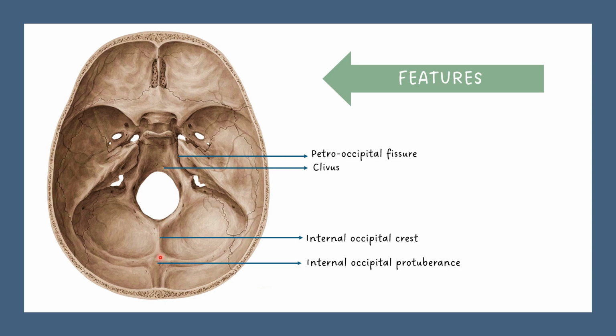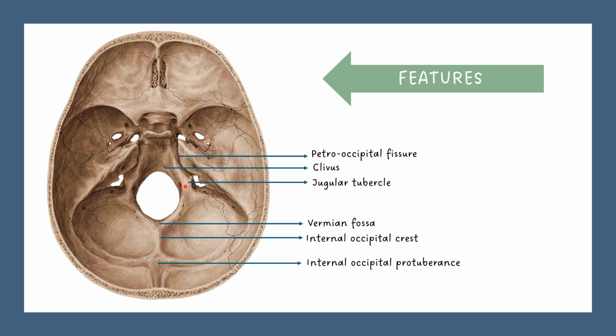The falx cerebelli is attached to it. The cerebellar hemispheres occupy this deep fossa on each side of this internal occipital crest. The Wormian fossa is the midline fossa at the lower end of the internal occipital crest adjacent to the foramen magnum. It is related to the inferior vermis of the cerebellum.